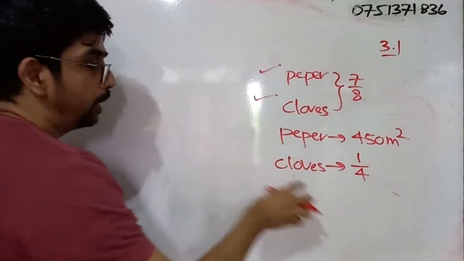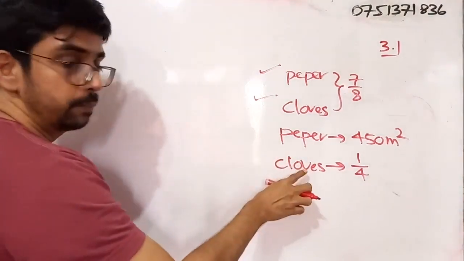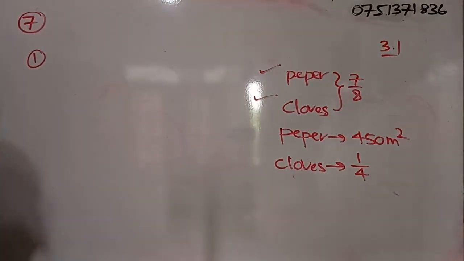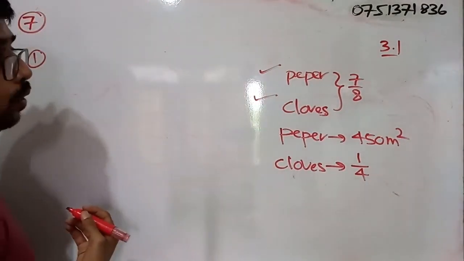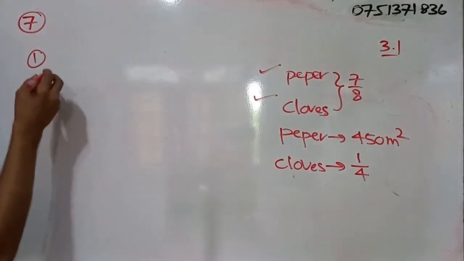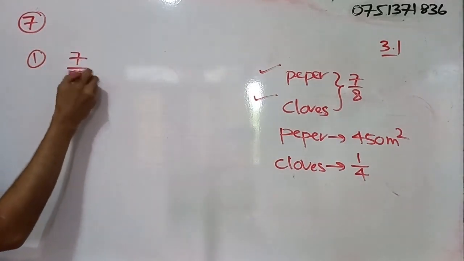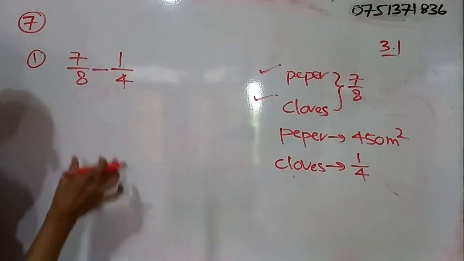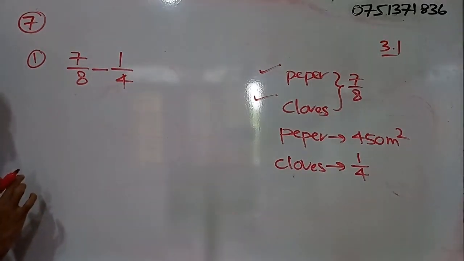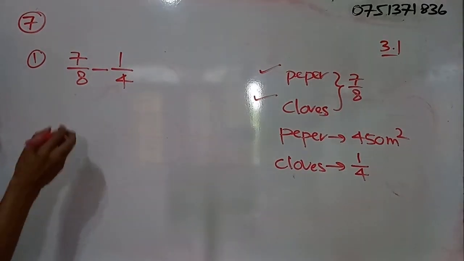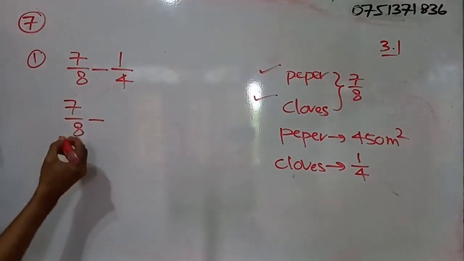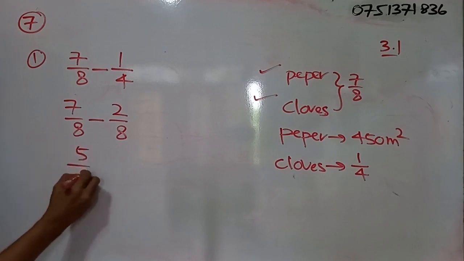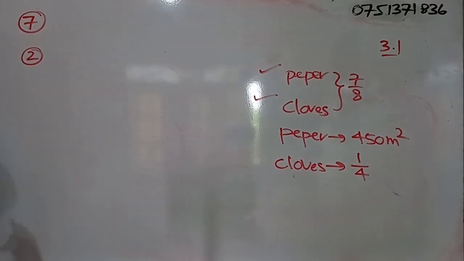We know the amount of land where only cloves has been cultivated. So by subtracting the values, we can get the amount of land where only the black pepper has been cultivated, right? So how do we find it? 7/8, we have to subtract 1/4. So between these two, the least common denominator is what? 8. So 7/8, we have to subtract what? 2/8. So here we get what? 5/8. The area of the whole land.